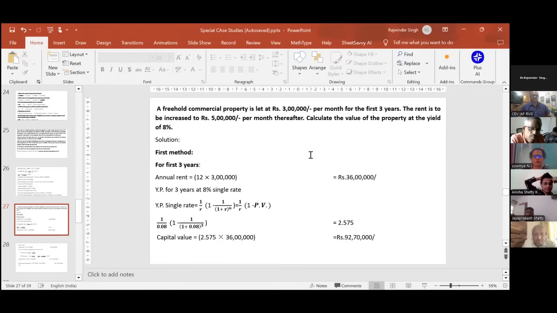Try this one. Now, how will you proceed in this question? Try to solve this question. This is a simple one.